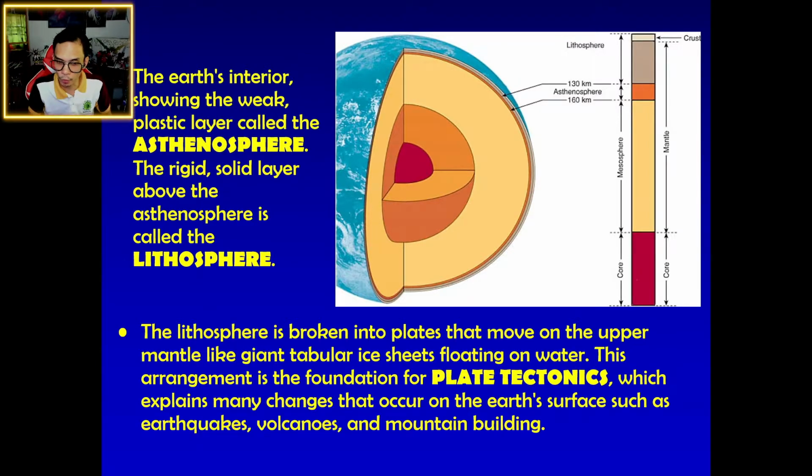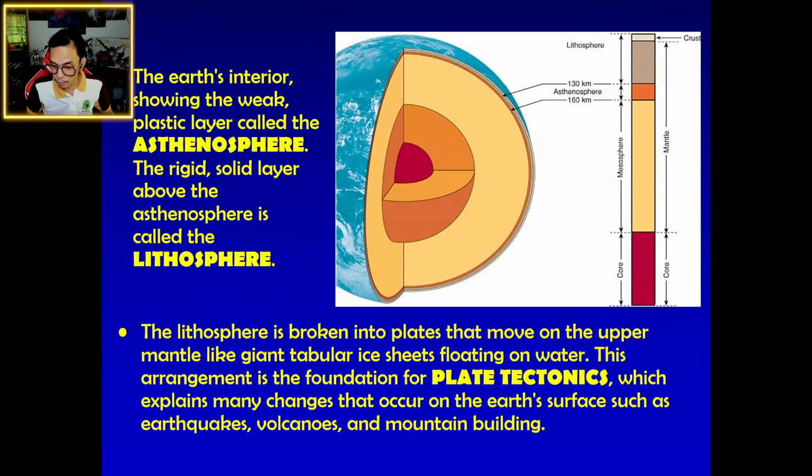It promotes earthquakes, volcanoes, and mountain building in order to form different majestic landforms like what you have seen earlier: the Rocky Mountains, Mount Everest, the plateaus, the plains. Those landforms are possible because of the action of plate tectonics.